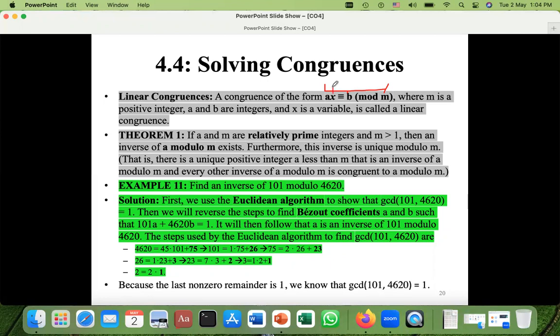This is something extra in the equation compared to your previous slides. If you have that x here, then this equation is known as a linear congruence.